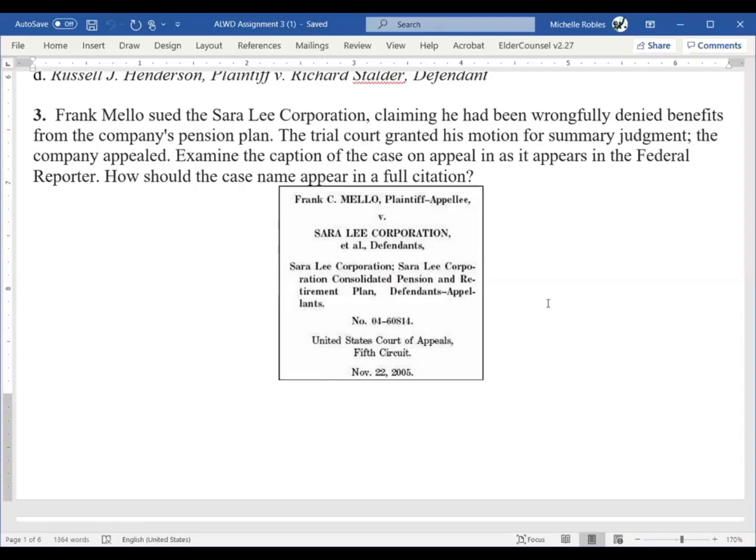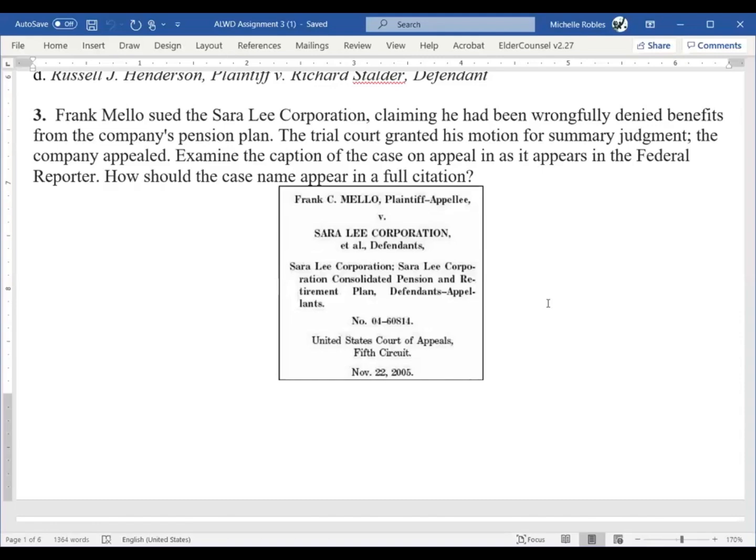As we've learned in rule number 12, for the plaintiff side, we're only going to use his last name, Miller. Now for the corporation, Sara Lee is the name of the corporation, so we cannot remove any one of those names.